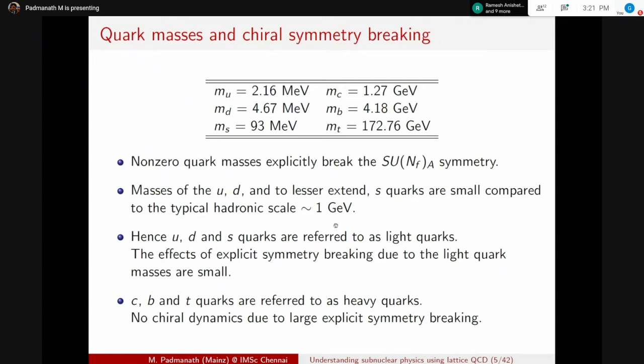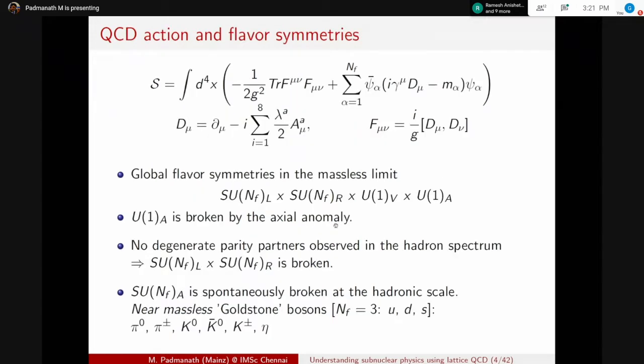Padmanath, can you please go back to the same slide again? Yes. Here you are saying that to resolve this issue of not having parity partners, you have this spontaneous symmetry breaking mechanism, right? No, actually not for the parity partner, but the presence of Goldstone bosons indicates this is spontaneously broken.